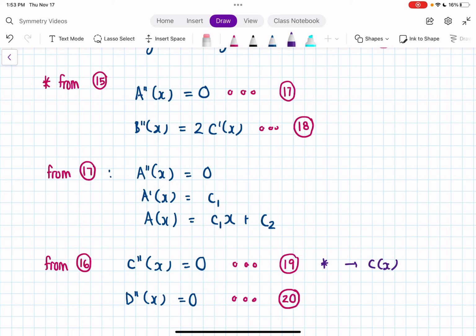And I want you then to push that into 18 and get me B of x. And once you have those, C, D, B, if you want, you can either put them into the group chat or you can send them to me privately.